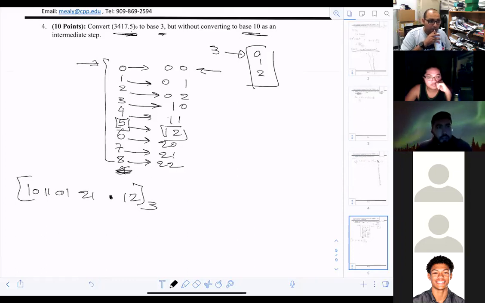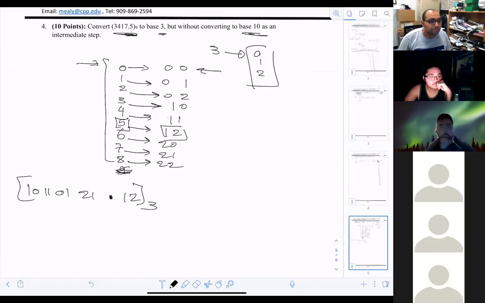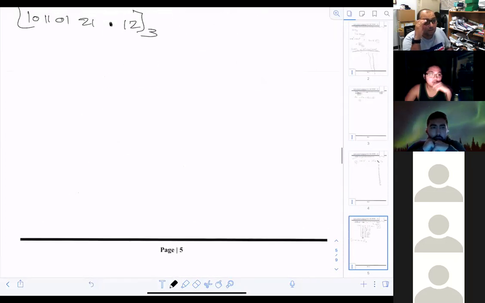Yes. Just for more clarification, does this only work when the base is a power? Like 9 is a power of 3. Does this only work when that is true? It works with anything. Let's do base 8 to base 3.